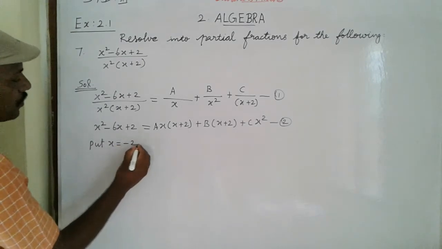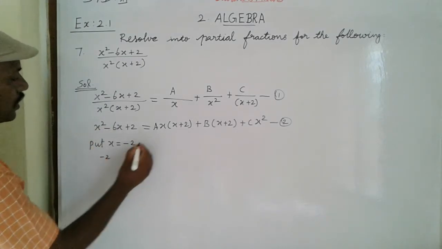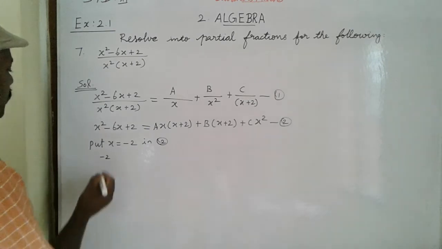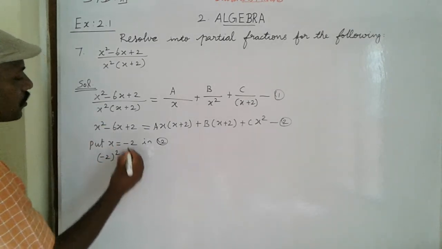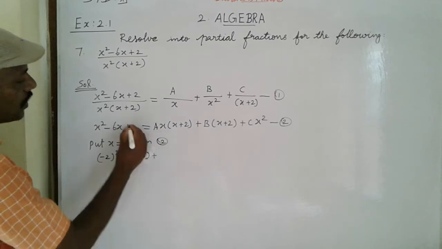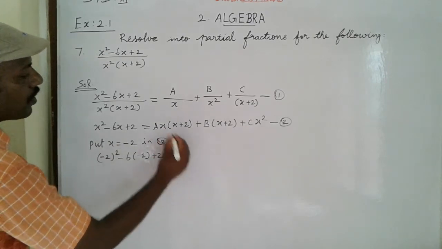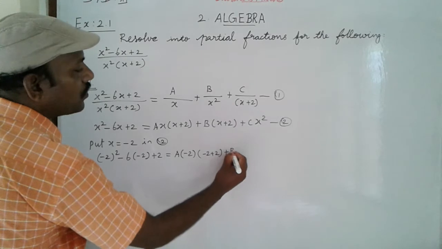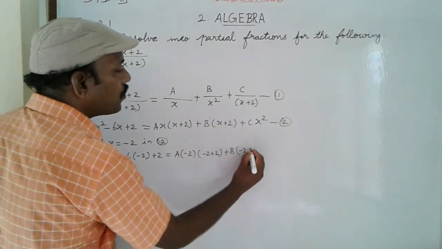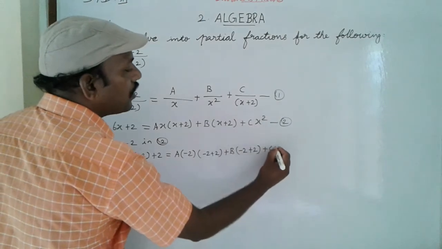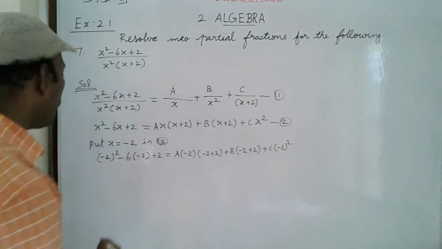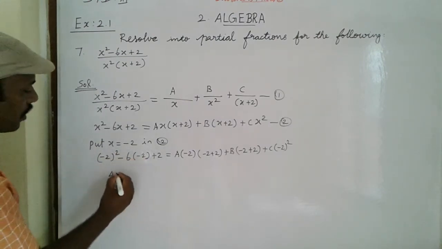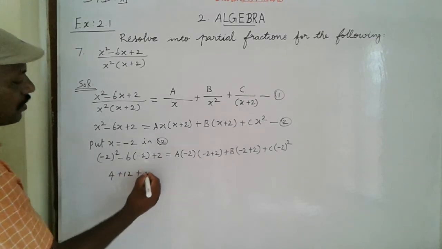So x equal to −2. In the second equation we substitute x = −2: (−2)² − 6(−2) + 2 equals a into (−2 + 2) plus b into (−2 + 2) plus c into (−2)². (−2)² is 4, minus into minus plus, 6 twos are 12, plus 2.